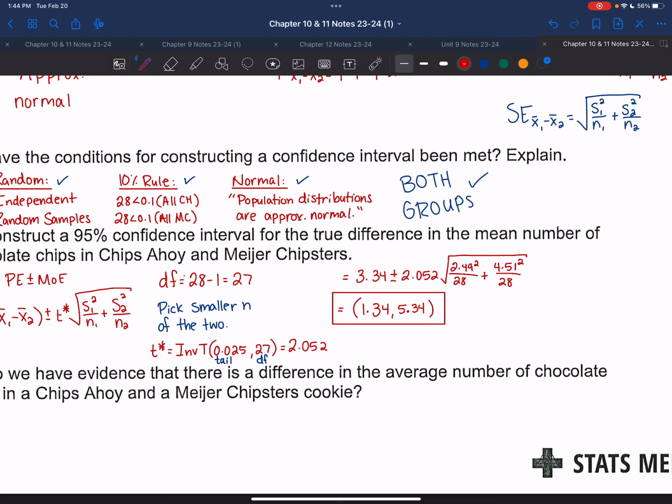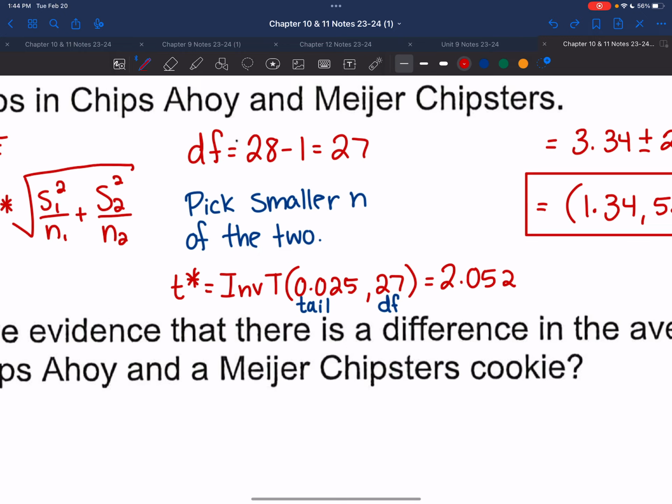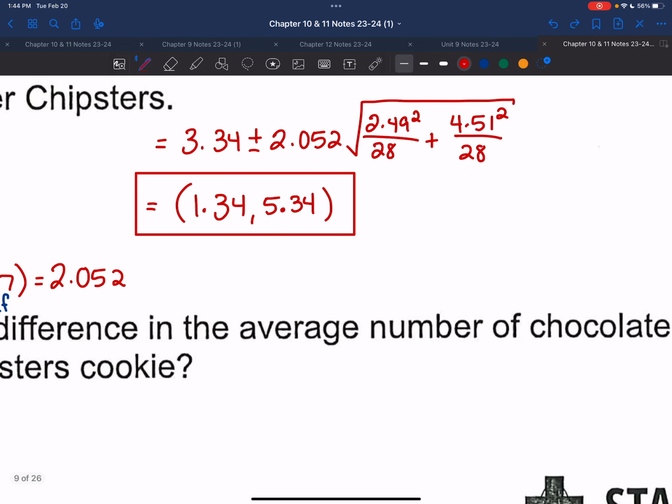You obviously can't put that information as your answer on a free response question, because you need to show all your work in order to receive full credit. You have to manually calculate all of these things. You can have your calculator help find your t-star, but you still have to show all of this work by hand, okay?